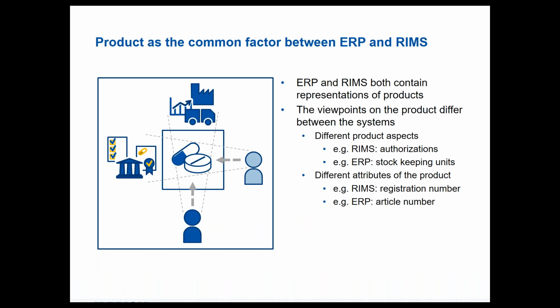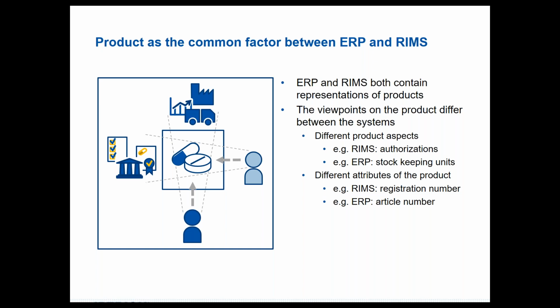So let us just show you a way you could follow. Can I have the next slide, please? The first thing we have to realize is that these two systems of ERP and RIMs share one thing in common. They both represent products. They do this from different points of view, but the product is still central in both systems.